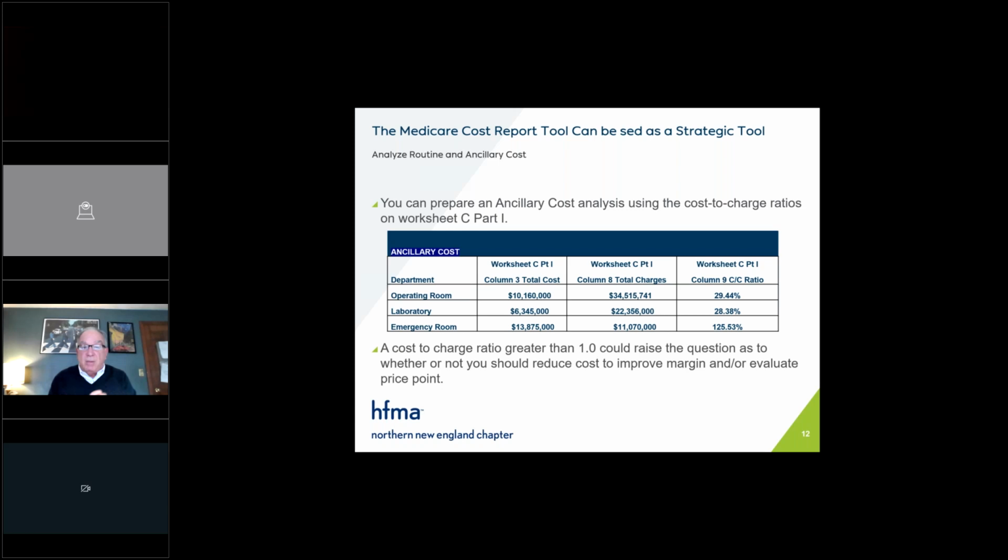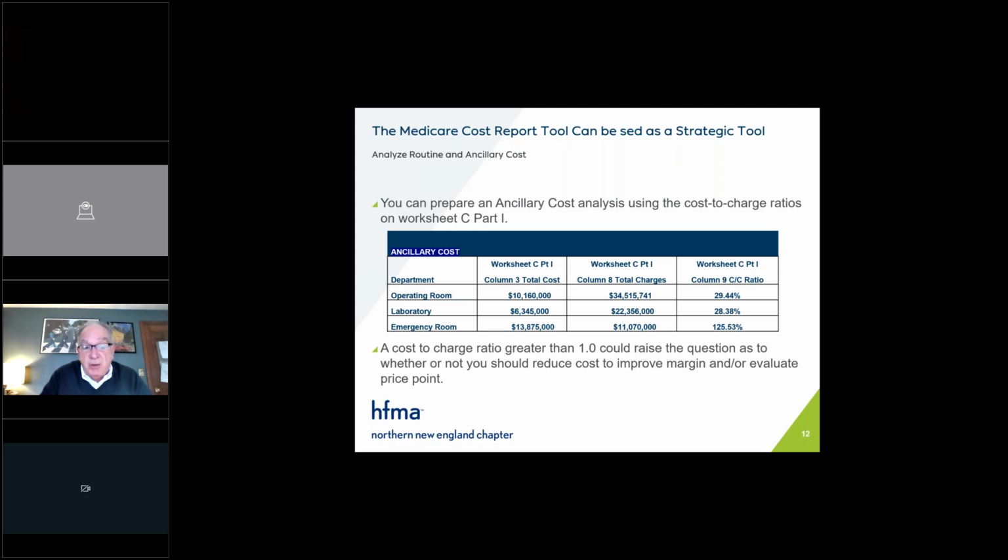And then what you can develop is a cost to charge ratio. So in the operating room, it's 29.44%. Basically, that's saying that for every dollar you charge, you generate 29% in cost.